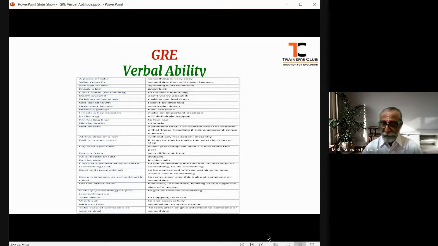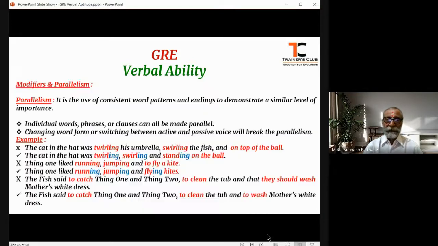So that is very important to understand the meanings of these idioms and phrases, to understand the hidden meaning of a particular statement. So my dear friends, do practice more on these idioms and phrases and the idiomatic expressions.